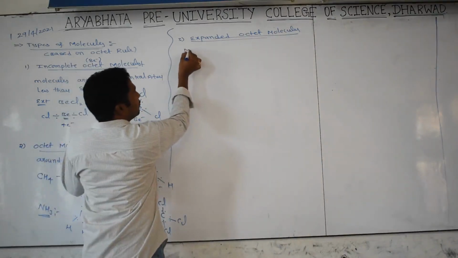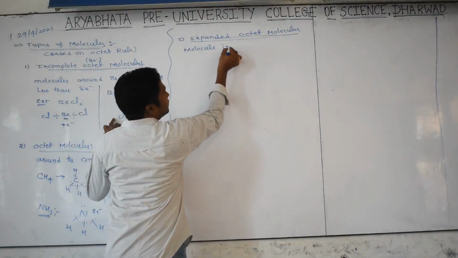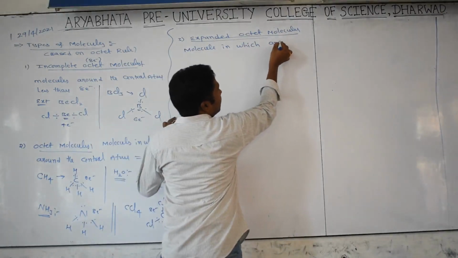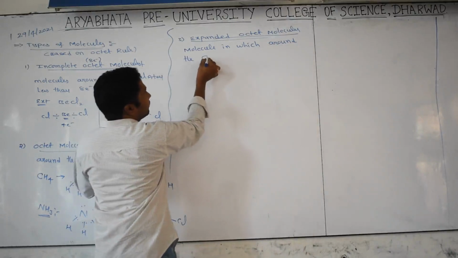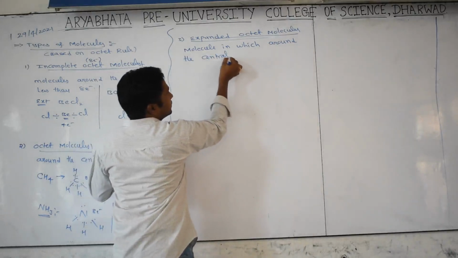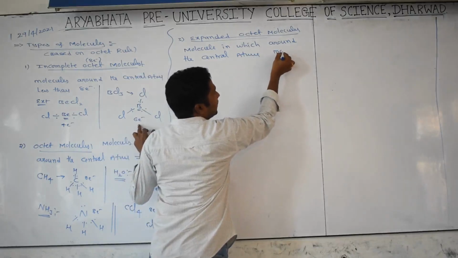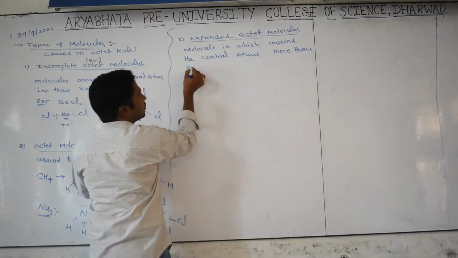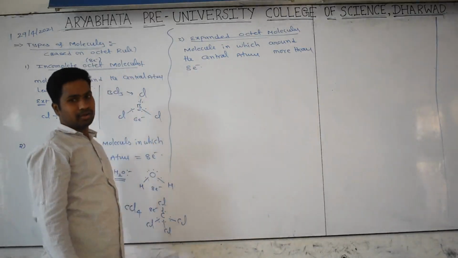It is a molecule in which around the central atom we have more than 8 electrons. Such molecules are called expanded octet molecules.